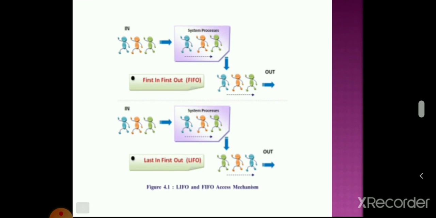Now you can easily see this image. Here is the mechanism of LIFO and FIFO. In this picture you can see three boys going into the system process and then coming out.